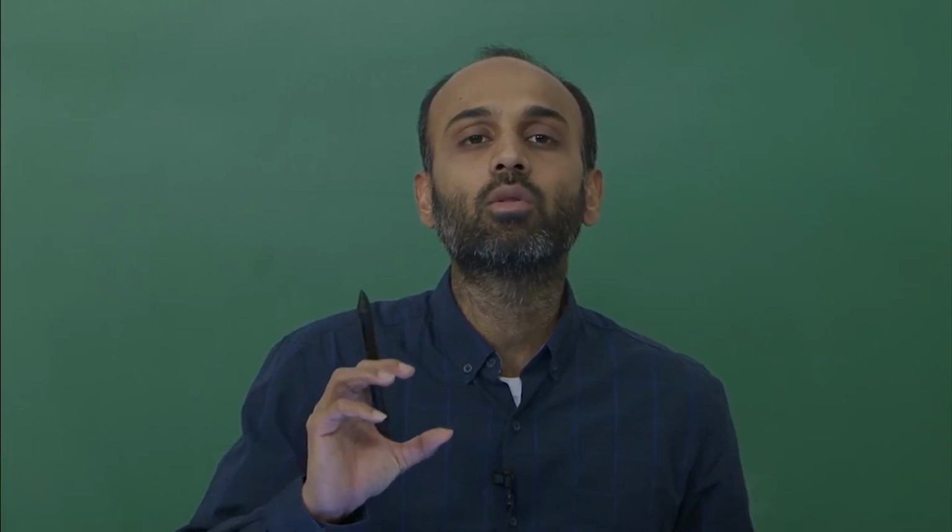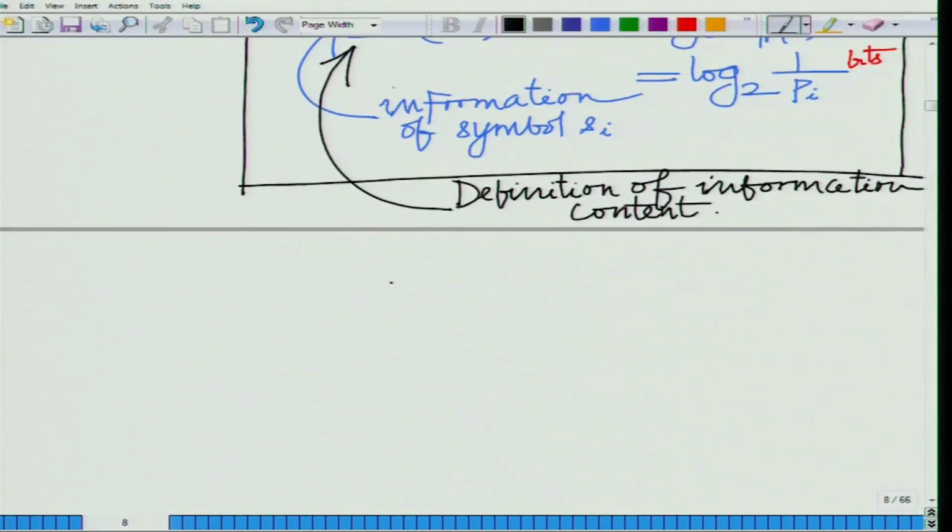The symbol can be a word, a voltage level, or an event. So, the information I(Si) depends on the probability of occurrence of the symbol.